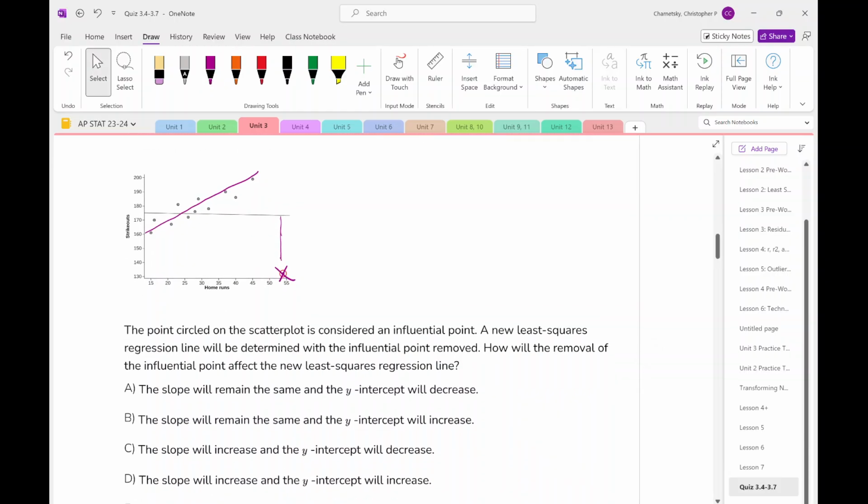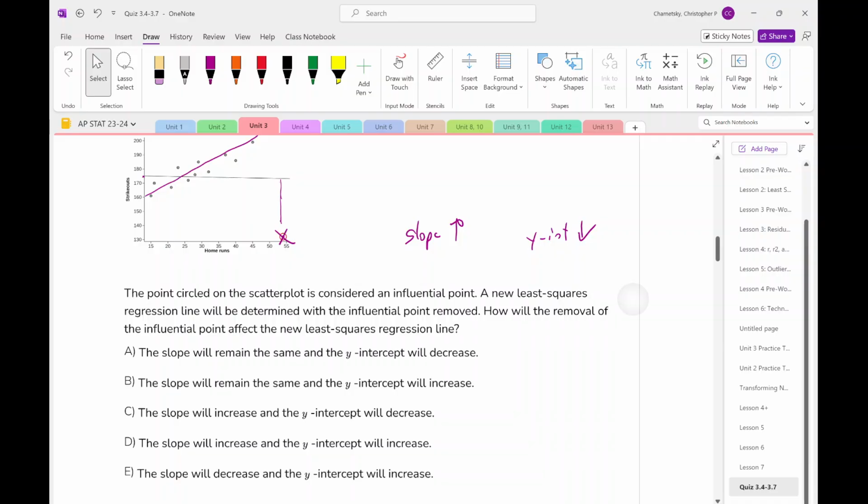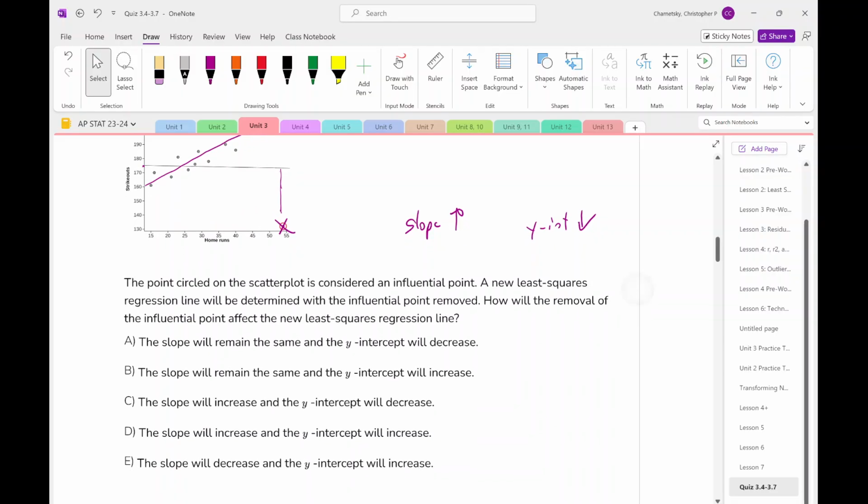So our slope is going to increase, and our y-intercept is going to decrease. Those two things are going to happen if we took out that outlier, which is answer C.